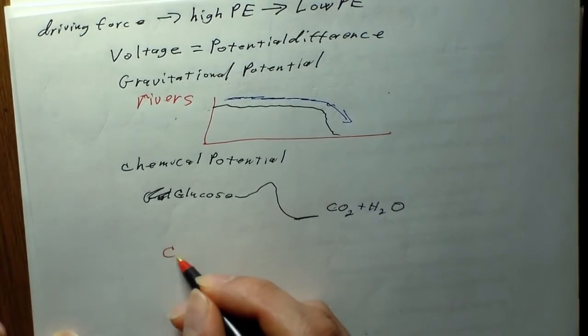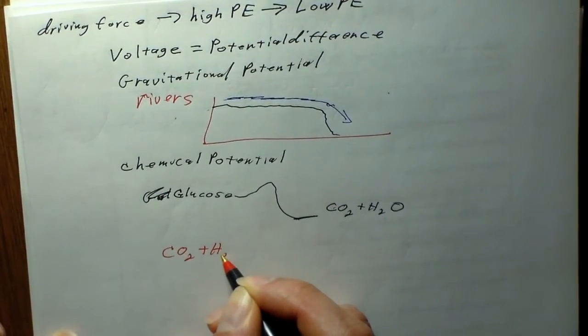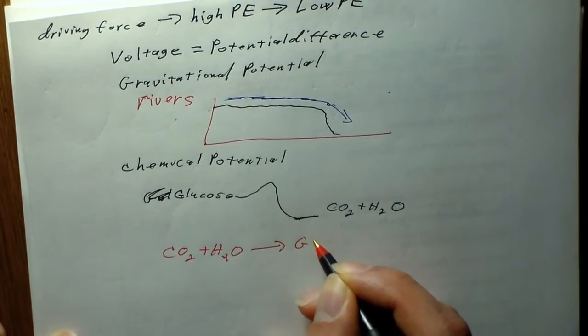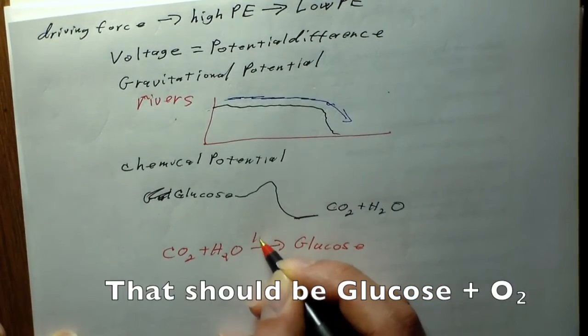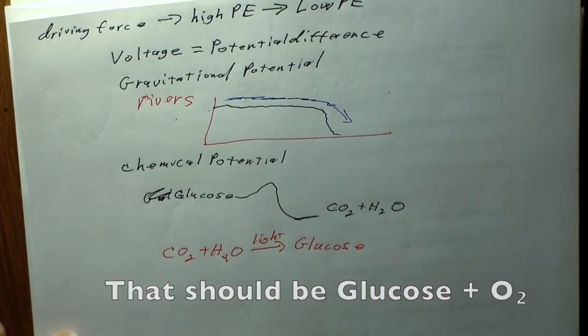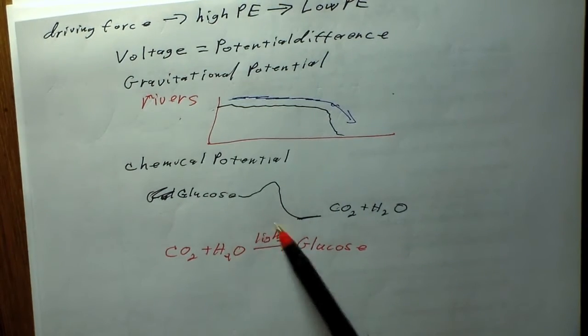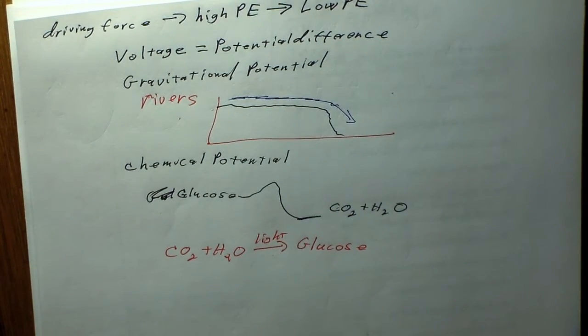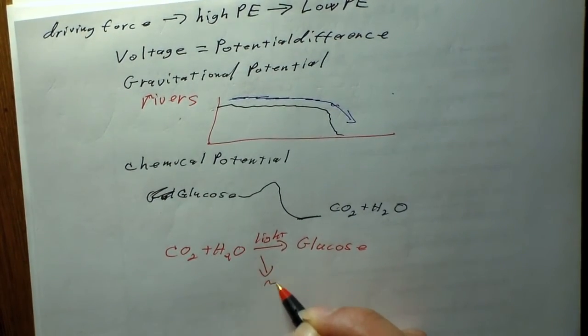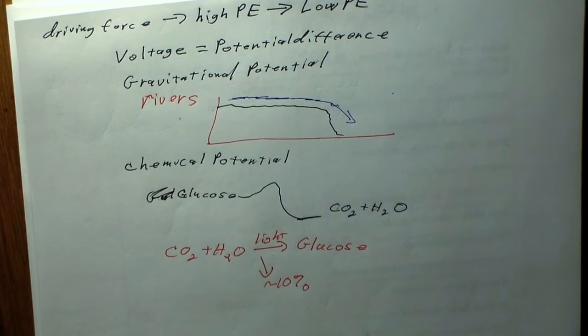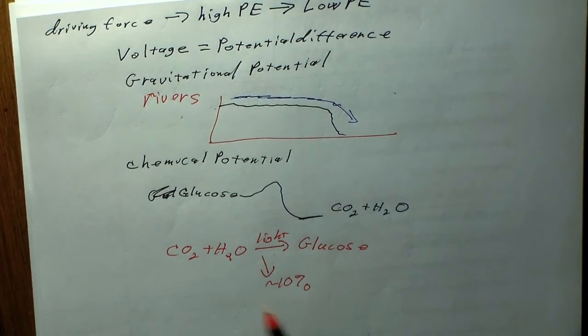So if we have here CO2 plus water makes glucose, I have to add in light to make this happen for photosynthesis. If I cut off the light, the plant is obviously not going to make glucose. But really, the light that's entering the system is only about 10% efficient. That means out of every 10 photons, one of them actually goes into making the glucose.